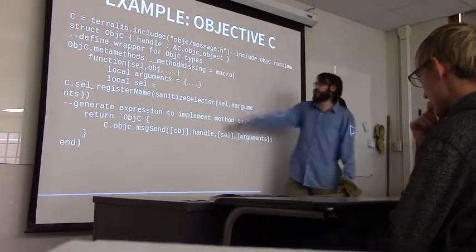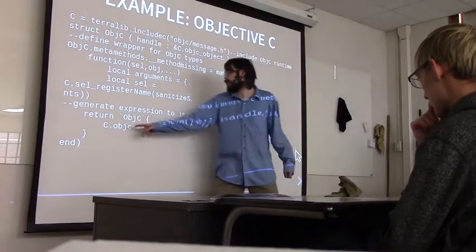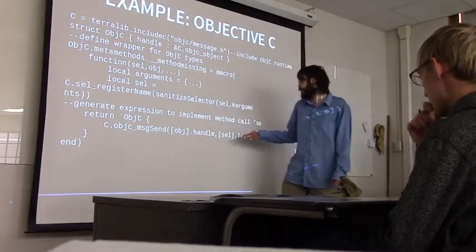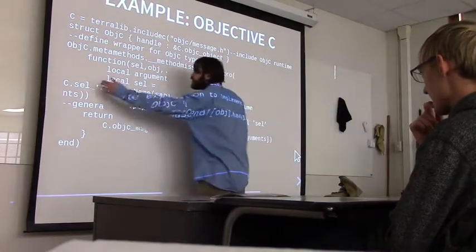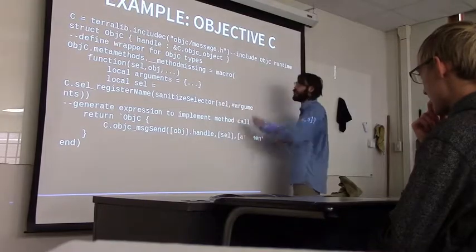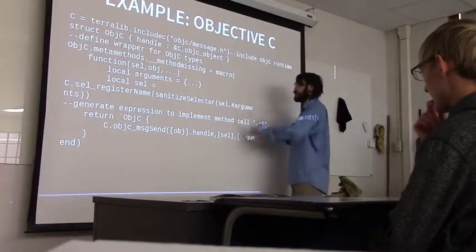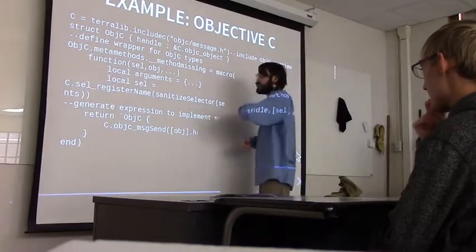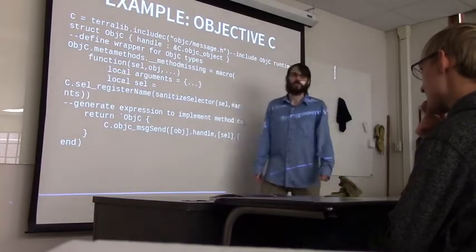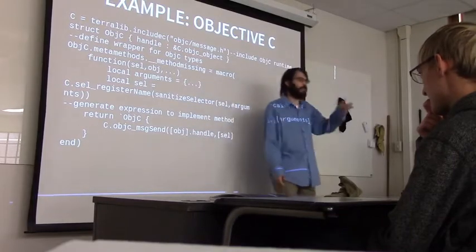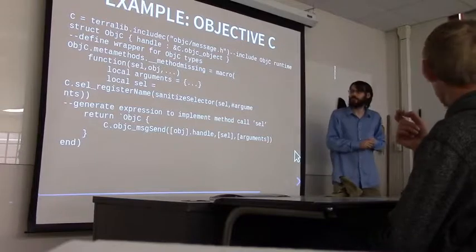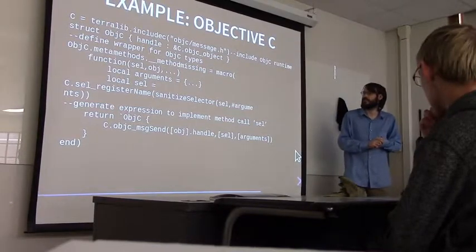So instead of requiring you to write c.objective-c underscore message send of object.handle, comma, c.cell underscore register name of sanitized selector of cell, comma, 3, comma, ABC, close paren, you instead just need to write object::method ABC.